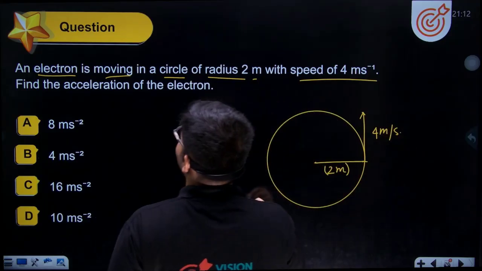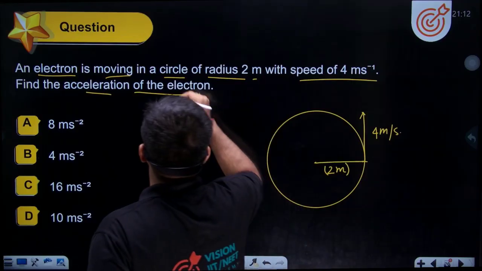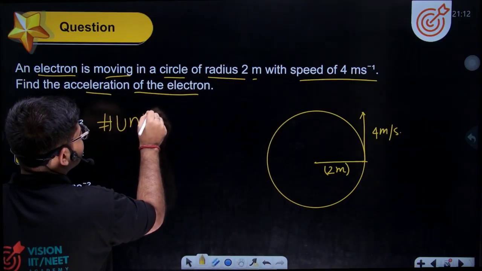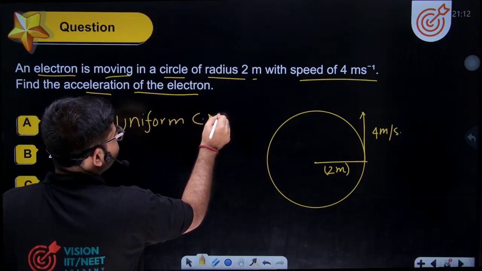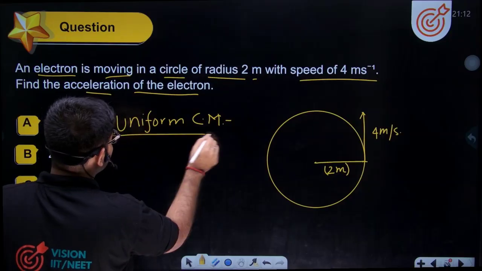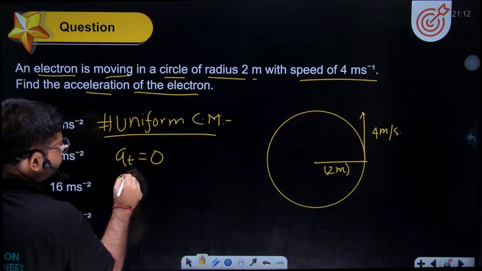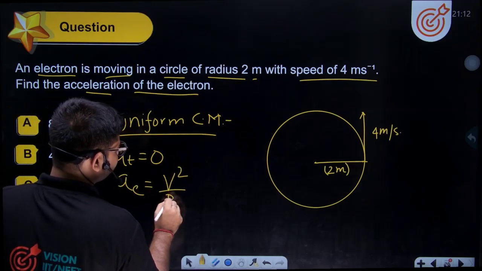Okay. Now you are asked to find out the acceleration of the electron. Now this is obviously what kind of motion? This is uniform circular motion. So your AT is going to be equal to 0. You will have only AC, and which is nothing but V square by R.